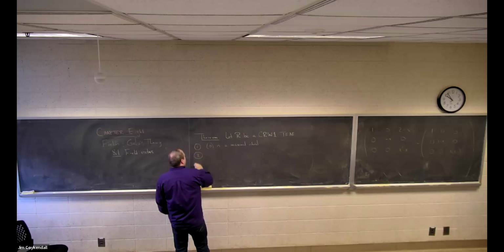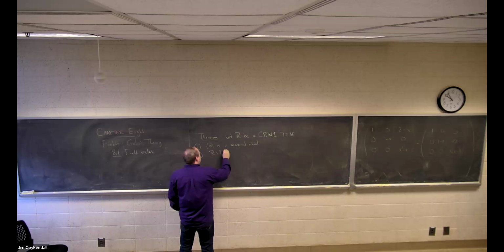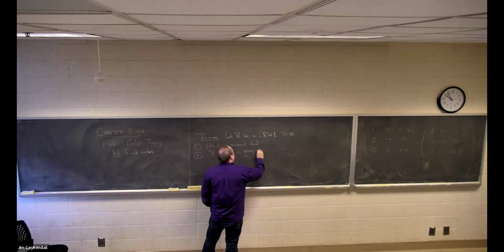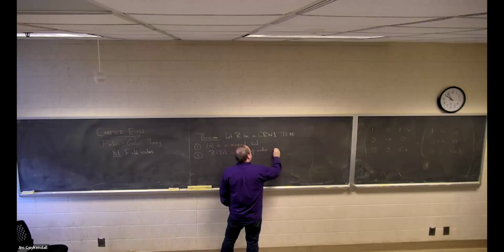Number two, R minus 0 is a group under multiplication.